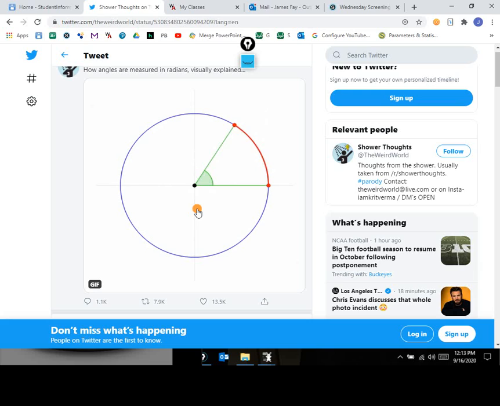Now, a radian is approximately, I think, 56 degrees or something like that. It doesn't work out to be a really nice approximation, but we can do this. So that's 1 radian. There's 2 radians. There's 3 radians, and we need a little sliver more to get to 180 degrees.